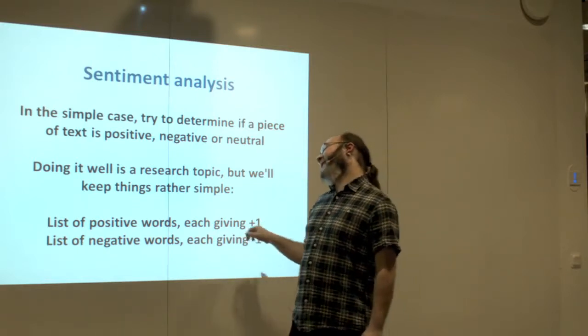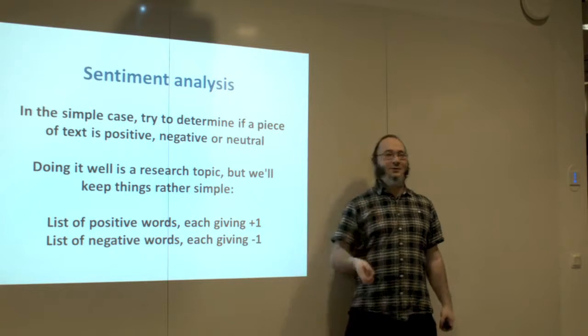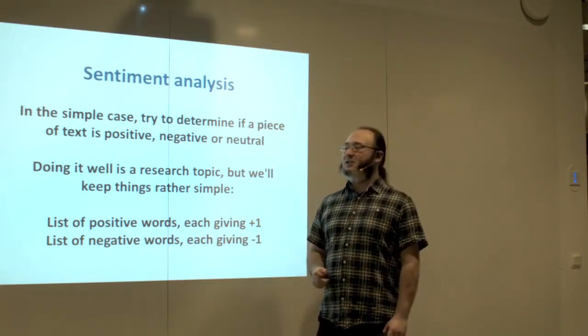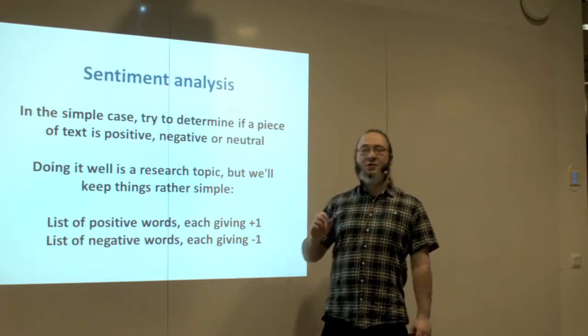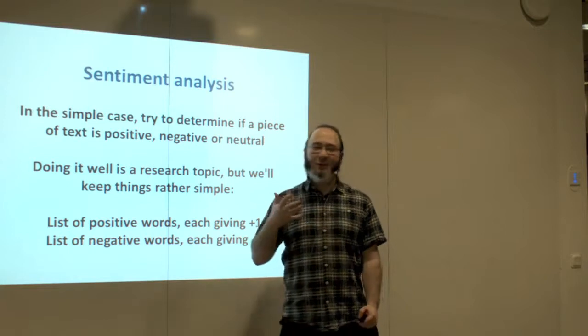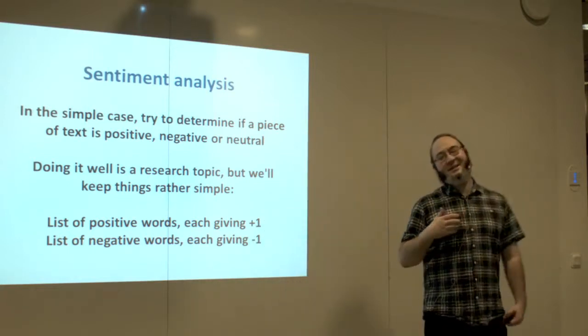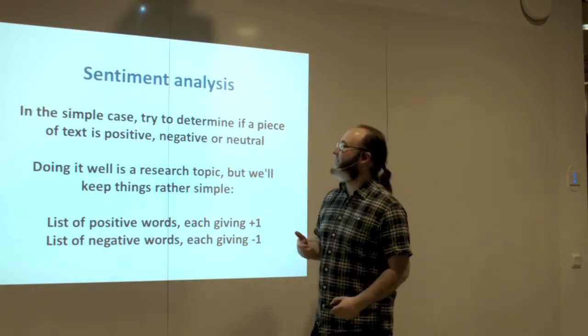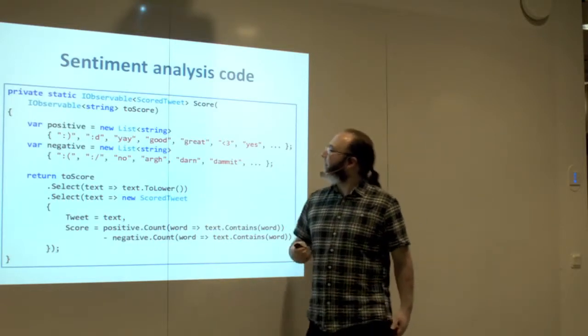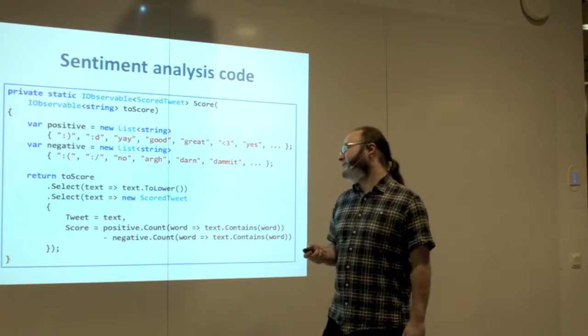And if it sees negatives, it gives those -1, and it just tots up all of the scores. If you get a positive score, it's a positive message, and if you get a negative score, it's a negative message. It's really, really simplistic, and you'll be able to see it fall down in various interesting ways. But here is the code.